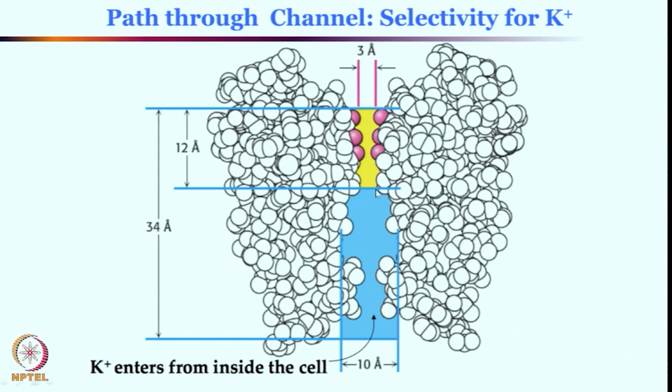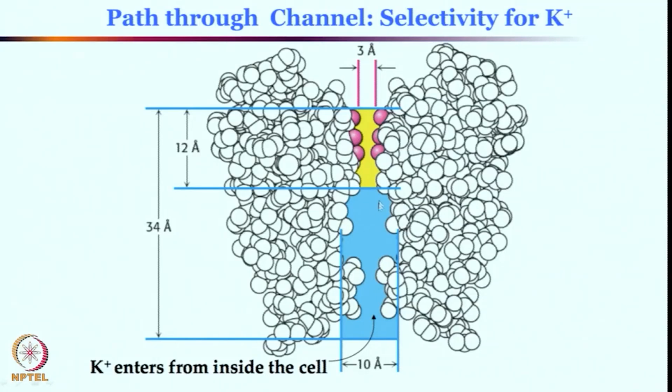Now the question is then how the selectivity is obtained in these cases. So one case that we have discussed so far is that the bigger ions will get stuck here and therefore they will not be able to pass through. The smaller ions will pass through all these. For example, lithium and sodium are smaller than potassium.